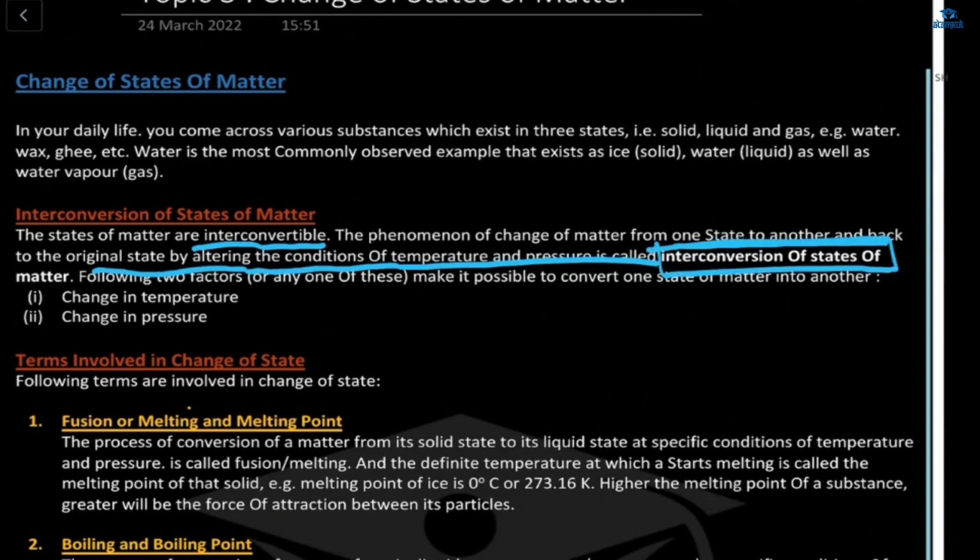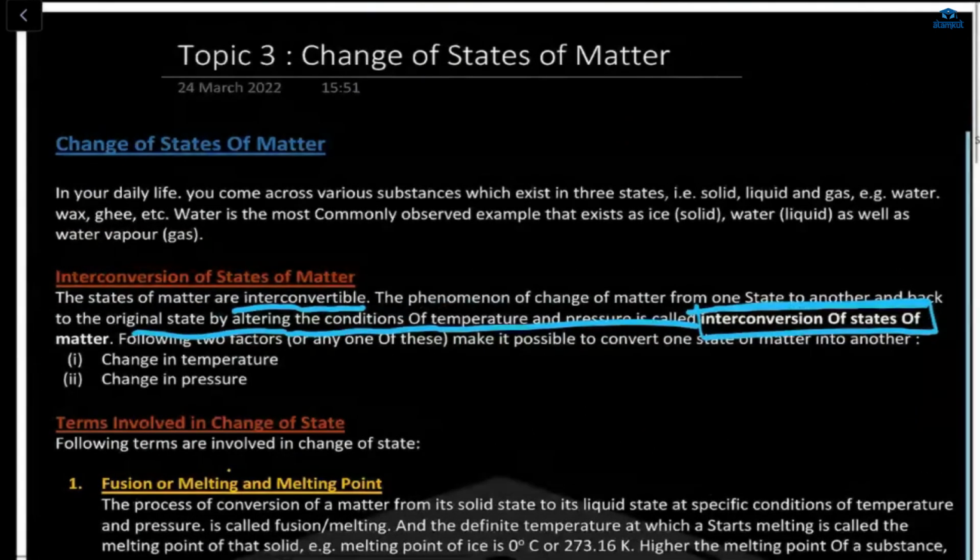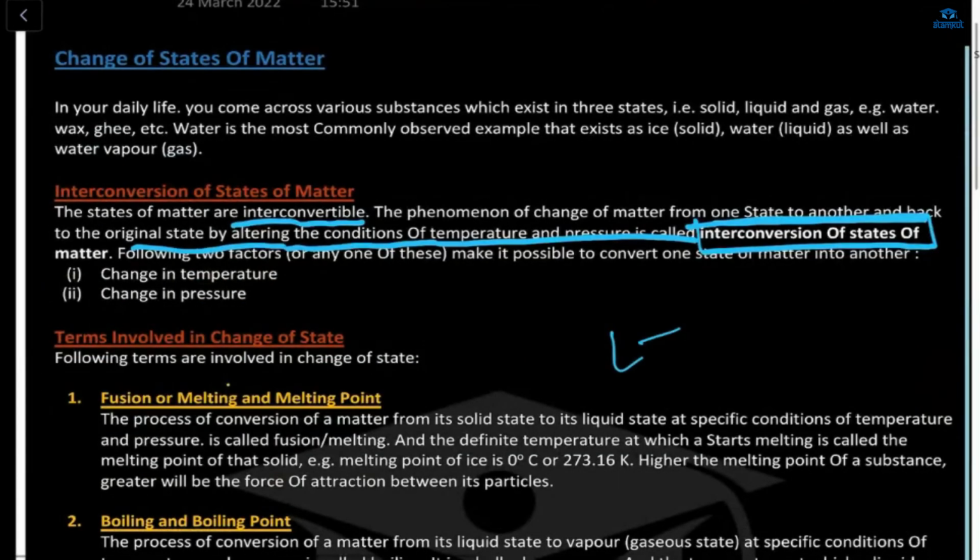If a solid is changing into a liquid, and again the liquid changes back to solid, this process is known as interconversion of states of matter. This is classified into two types: first is change in temperature, and second is change of pressure.